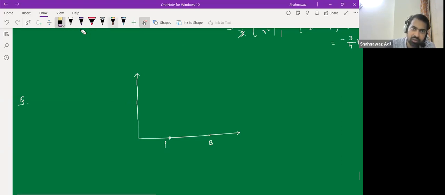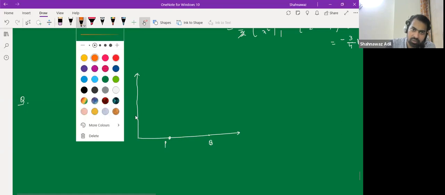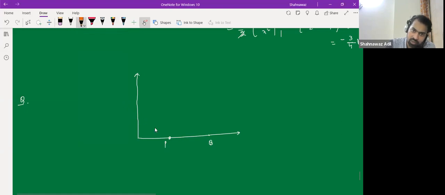Okay, so we have this kind of electric field, and it is making an angle of 37 degrees. So this is 37 degrees.